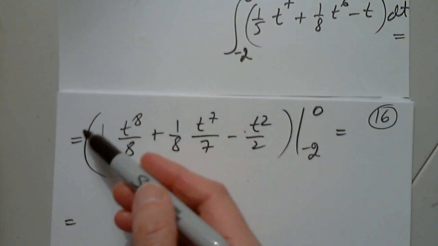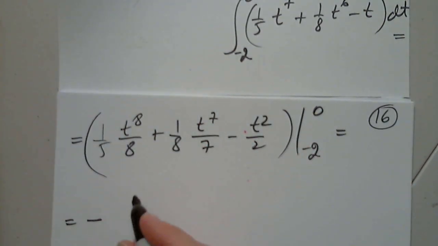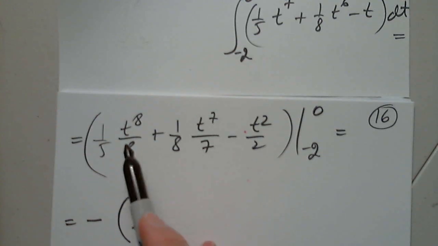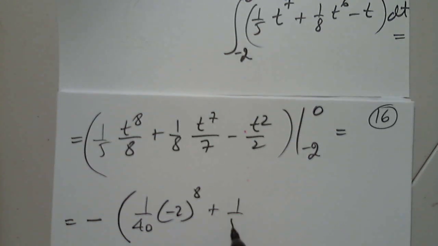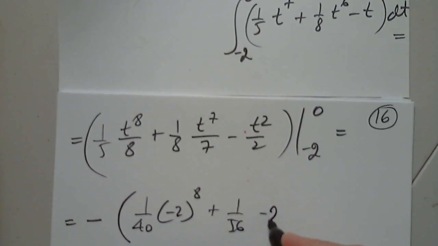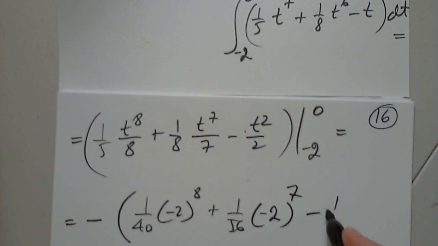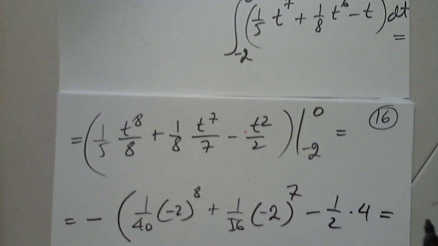Luckily, when I plug in 0, I get 0, but minus, don't forget minus. When I plug in -2, 1 over 40, -2 to the 8th, plus 1 over 56, -2 to the 7th, minus 1/2 times 4.